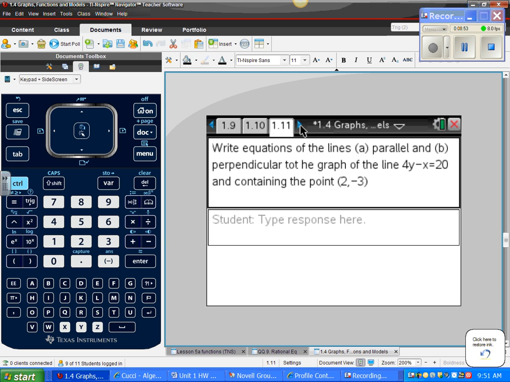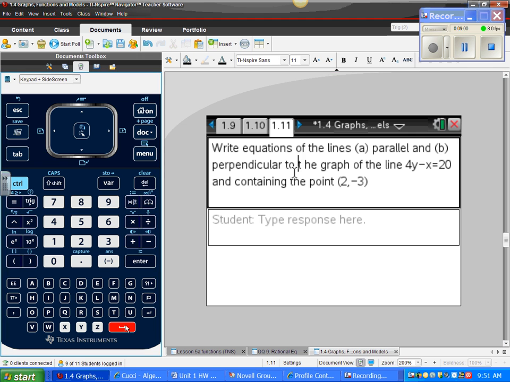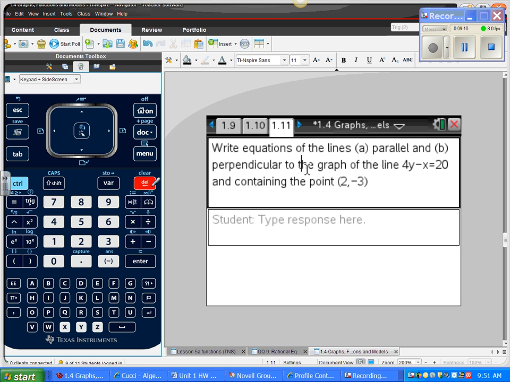All right, write equations of lines A parallel and B perpendicular to the graph of the line 4y minus x equals 20 and containing the point (2, negative 3). So the first thing we need to do is put this into slope-intercept form so that we know what the slope is, because then we can very easily come up with equations that are parallel and perpendicular.